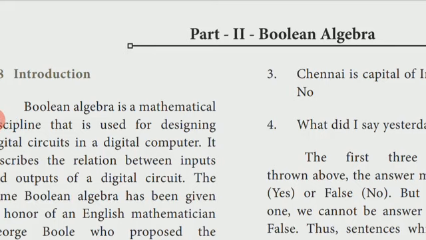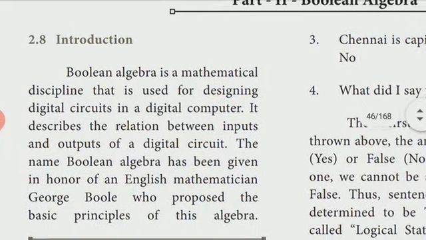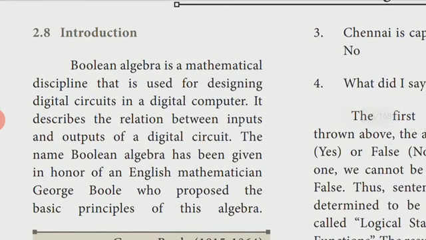So first, Boolean algebra is a mathematical discipline used to design the digital circuits in a computer. Digital circuits means things like AND, OR, NOT. To create circuits, we are using Boolean algebra.